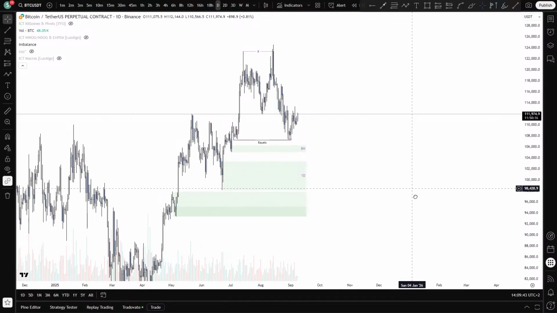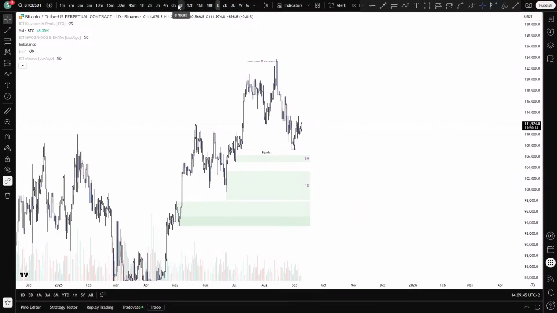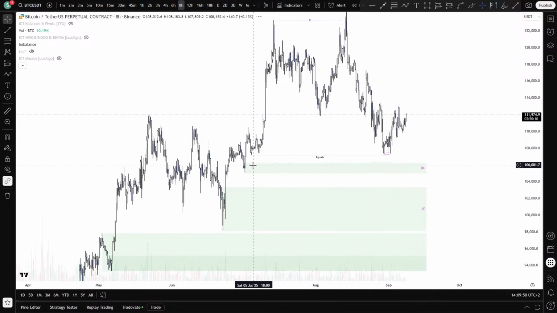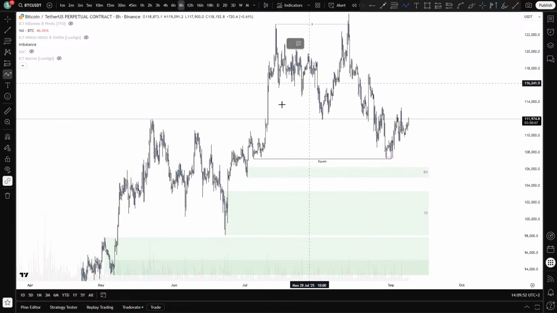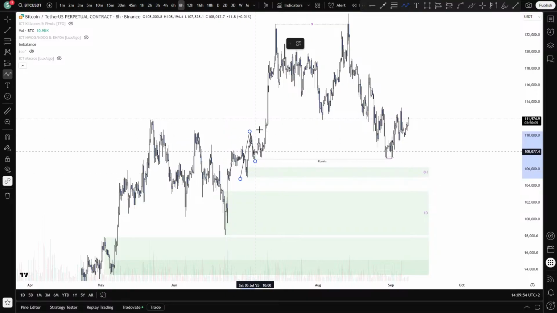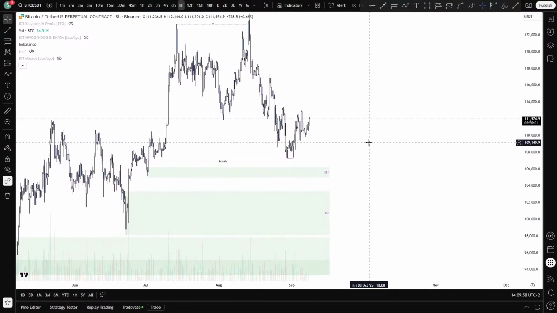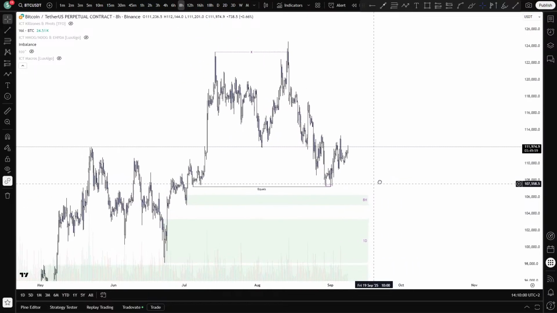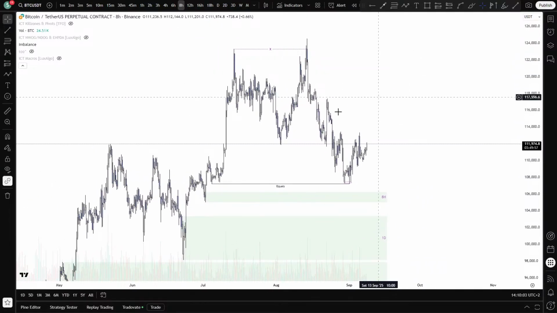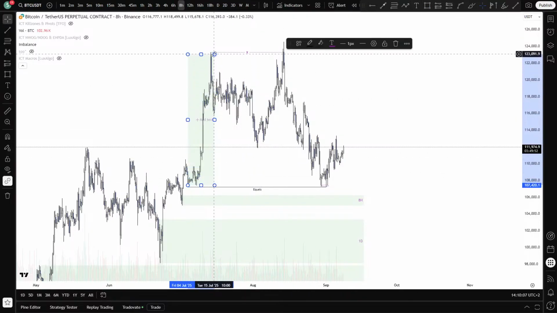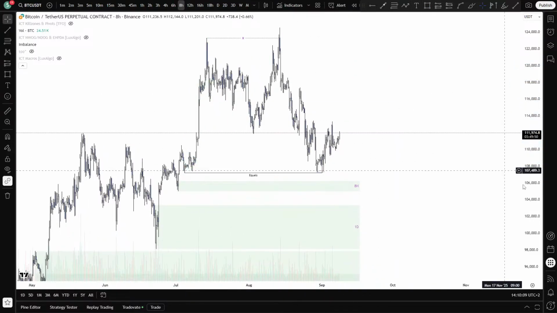And of course, we have this zone. I see I have put in this 8 hour. Just a demand we front ran before once again creating new all-time highs. An interesting zone to look at as well. Right now we made equals from the last liquidity we had before this big expansion up.